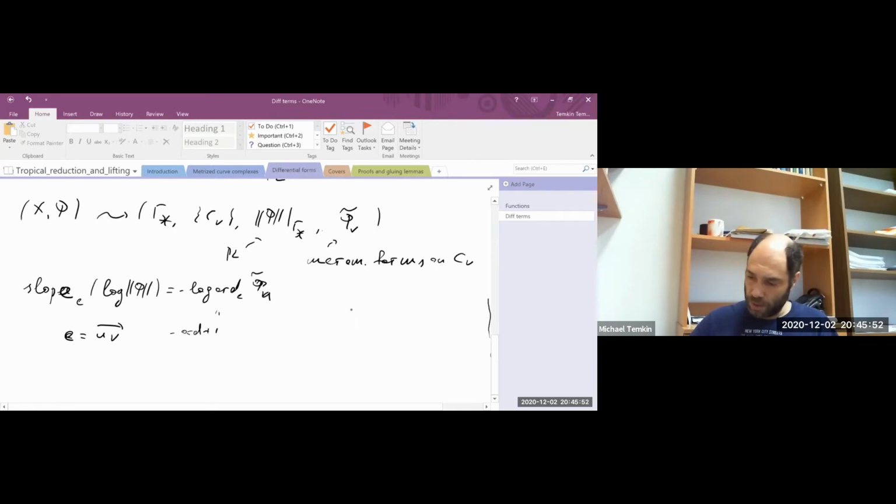A similar compatibility holds for legs, just without any shift. Let me skip it. It's not so important for us.